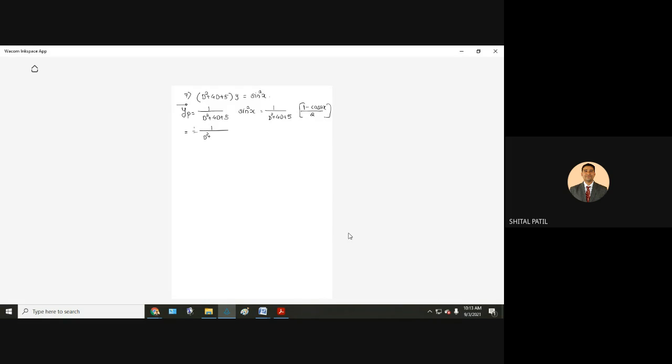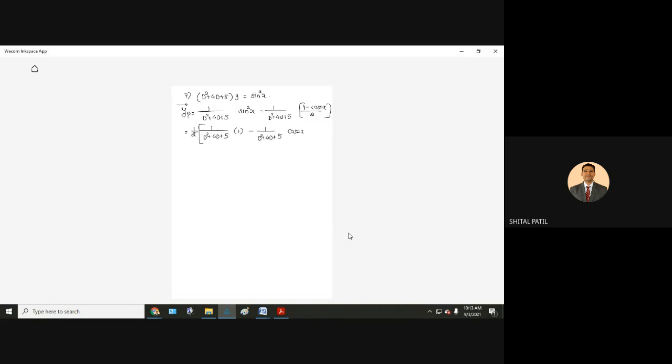So 1 upon 2. Okay. D square plus 4d plus 5 to be operated on 1. Minus 1 upon 2 is taken outside. 1 upon d square plus 4d plus 5 to be operated on cos of 2x.